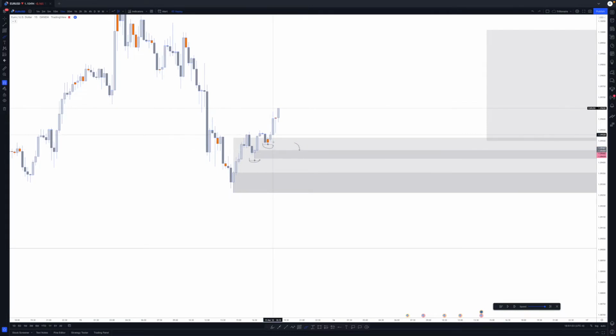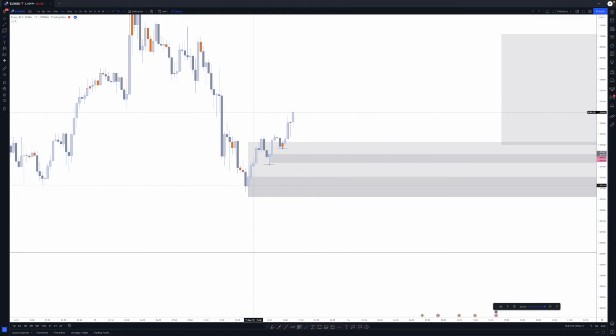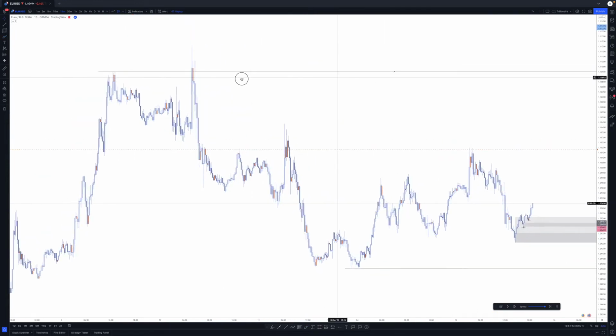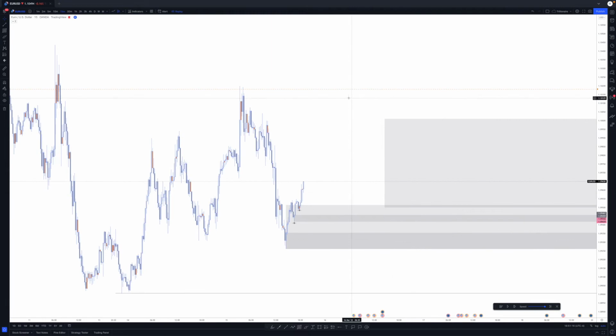So we have two valid points of interest and two valid inducement areas for those points of interest. That's absolutely perfect. So let's go ahead and head to the higher time frame and see what's going on.